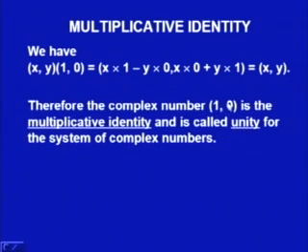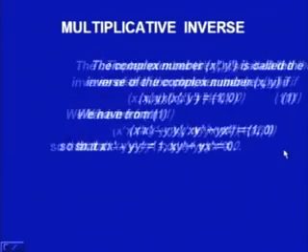So, we can say therefore, the complex number 1 comma 0, that is 1 plus i into 0, is the multiplicative identity and is called the unity for the system of complex numbers. Now, we define the multiplicative inverse for a complex number.